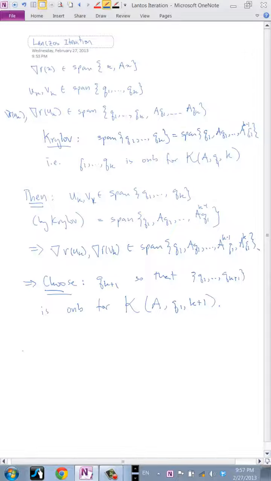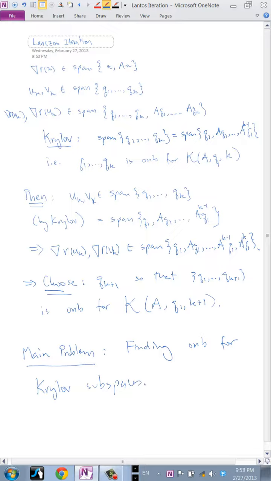So basically, we've reduced the problem to finding an orthonormal basis for the Krylov subspaces. And not surprisingly, the key idea for the algorithm relates to tridiagonalization.